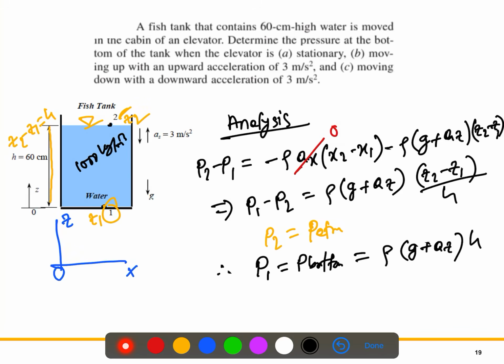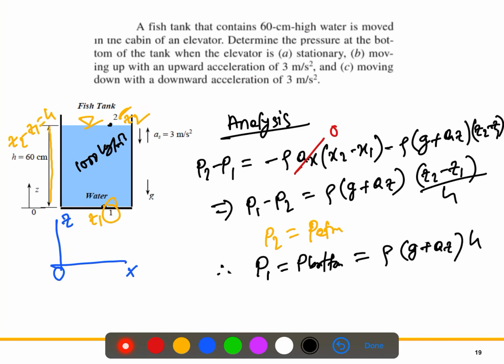So yeah, we have got this formula here, and we took the point 2, this is the free surface, and point 1, it is the tank bottom. So we have the pressure at point 2, it is the atmospheric pressure. Okay, so now what we'll do is we'll actually calculate the 3 different cases here.